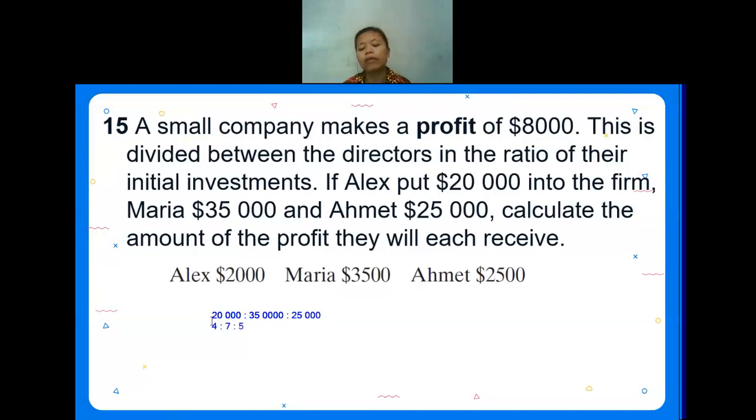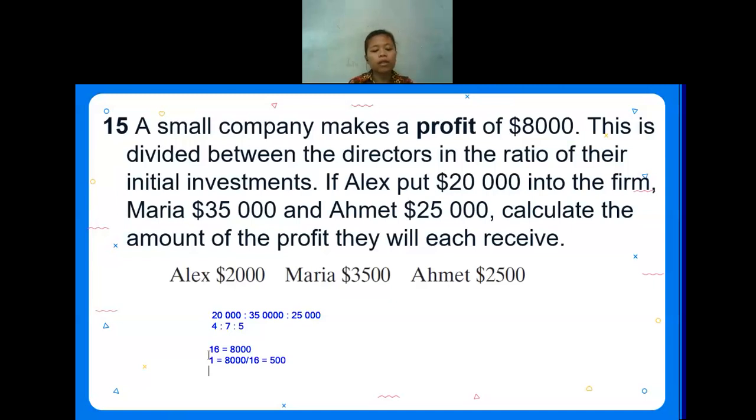After you have the ratio, you can find the total. 4 plus 7 plus 5 is equal to 16. So we have 16 is equal to 8,000. Later you can find the 1: 8,000 divided by 16 is equal to 500.